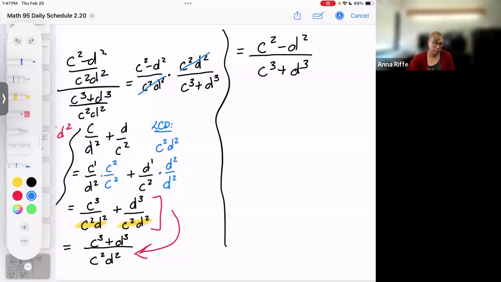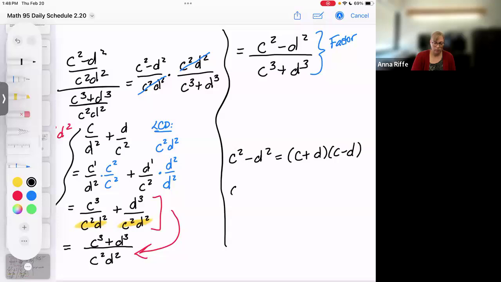Now that we've gotten that far, that's about as far as we've been able to go for previous problems. But this one, I'm looking at the expressions on top and bottom, and it looks like they're factorable. Maybe I'll factor them separately. C squared minus d squared, that's the difference of two squares, so it'll factor as c plus d times c minus d.